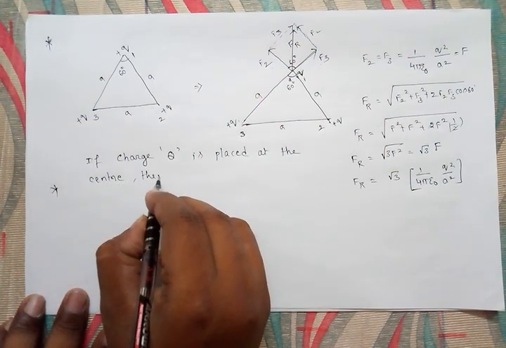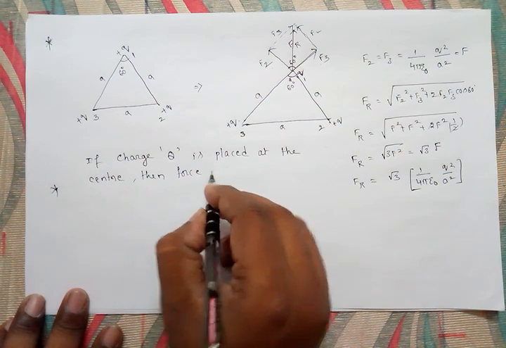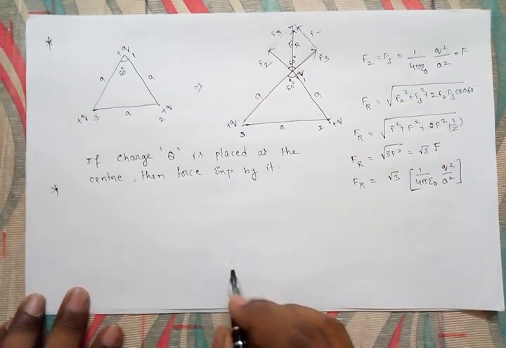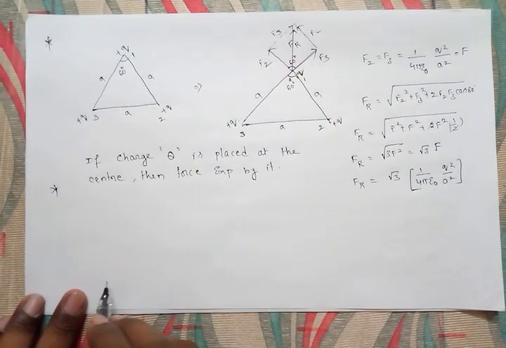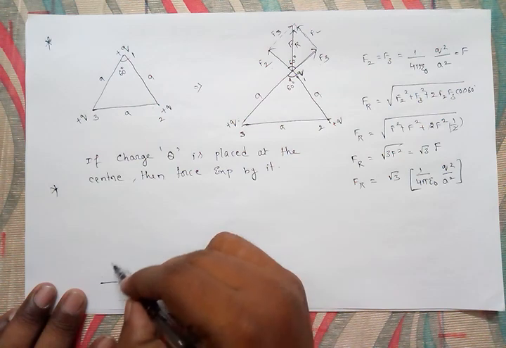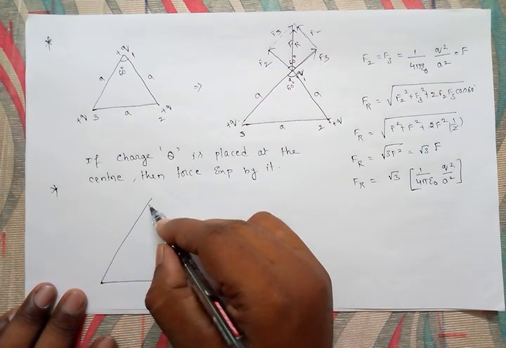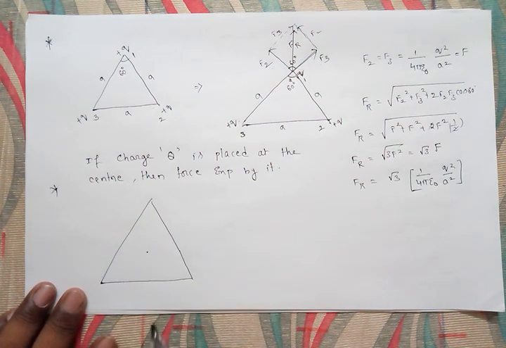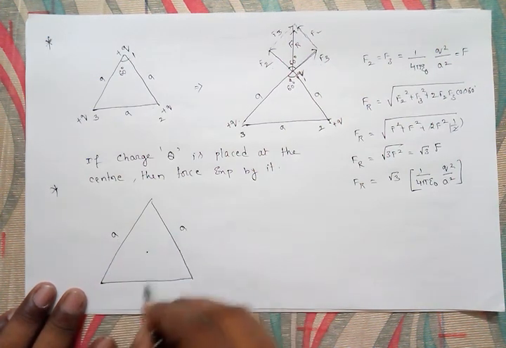Then the force experienced by it: now you can take the same scenario here also. The thing is, here we are not concentrating on any one of the corners, we are concentrating on the center. Now each side length is a.